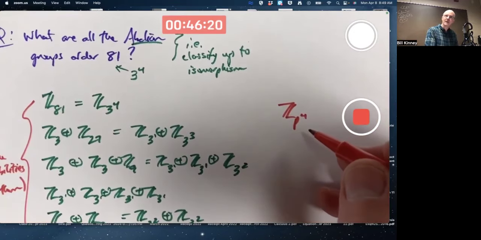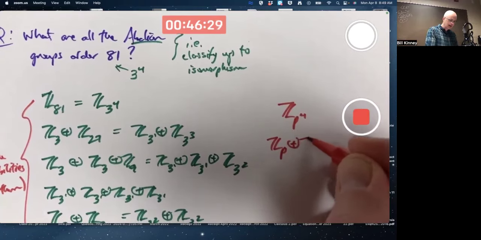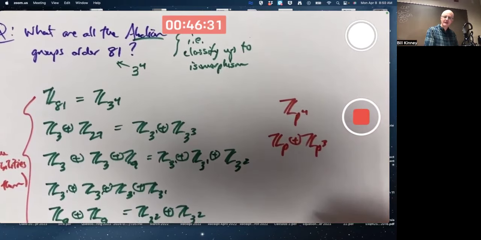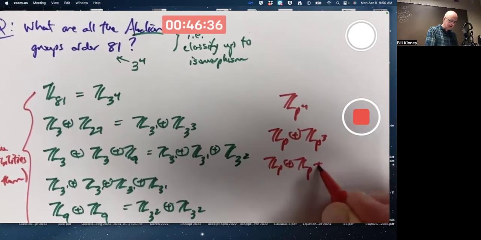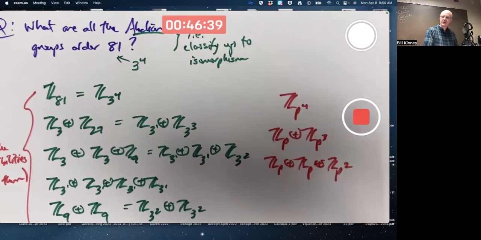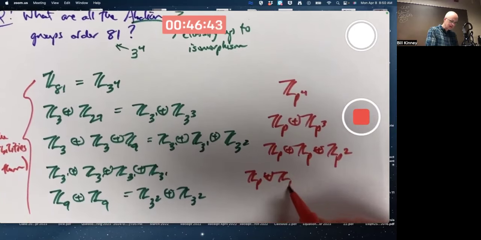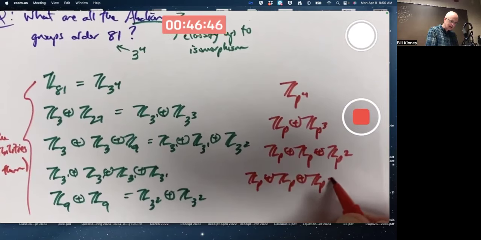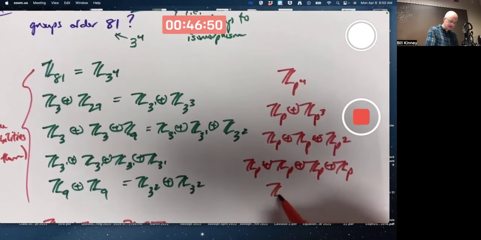I could think about abelian groups of order p to the 4th, and I'd also get 5 possibilities. The cyclic possibility, that possibility, working by analogy here, this one, and finally, by analogy with this one, it would be the external direct product of Z p squared with itself.